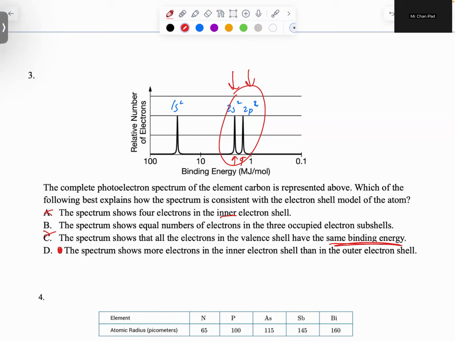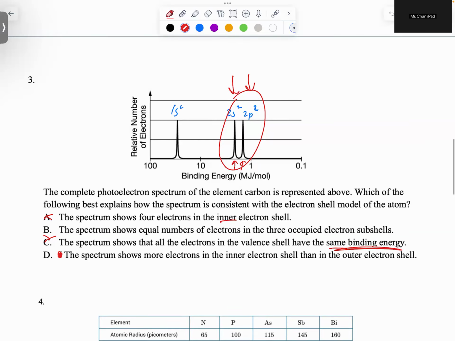Now, this is where you have to be very careful. When we say valence shell, we're talking about the first shell, second shell, third shell, fourth shell. When you say SPDF, we're talking about the subshell, or the type of orbitals. Not even the orbital. P is a subshell, and there are 3 orbitals in the P sublevel or subshell.